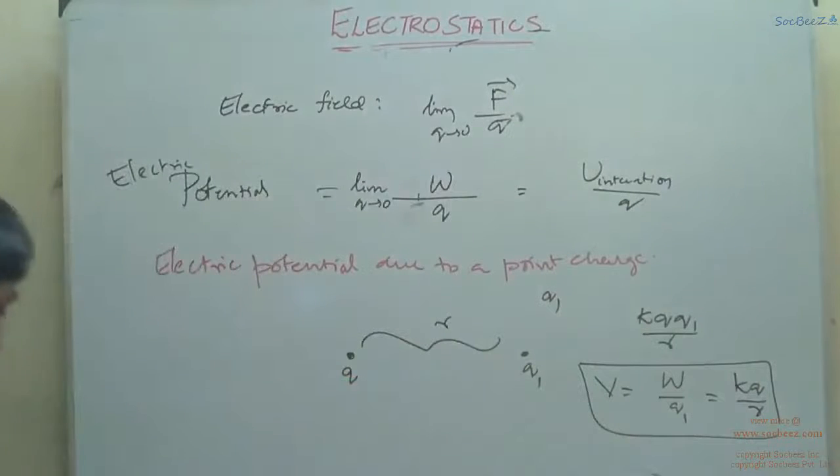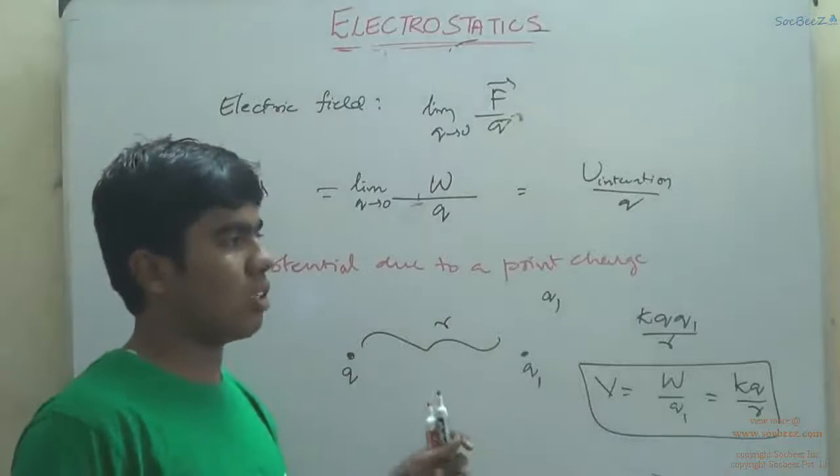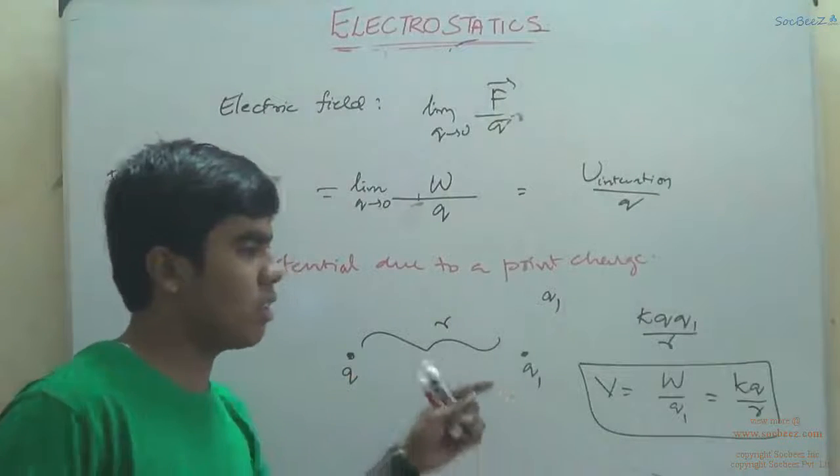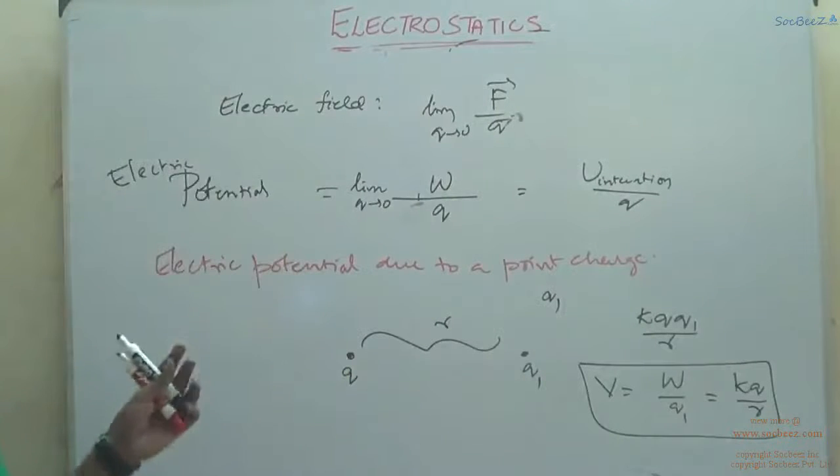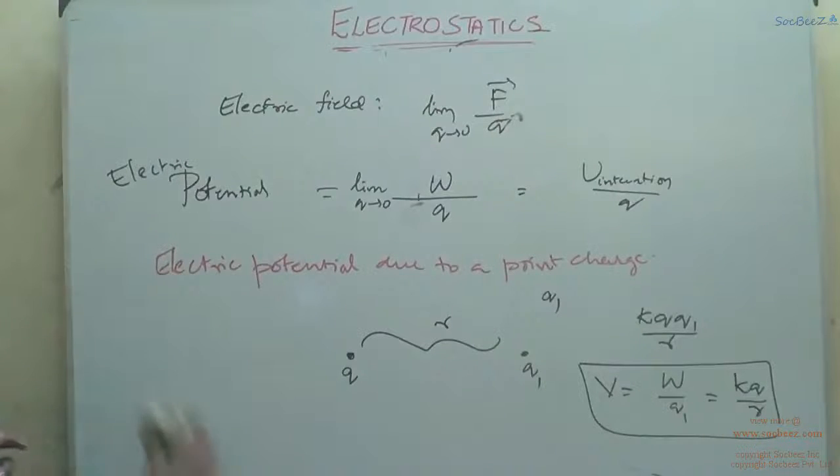Now next we go on to, see, I'm not deriving it, getting involved, because we have done the same thing while discussing the concept of electric field. So I'm running a bit fast here.